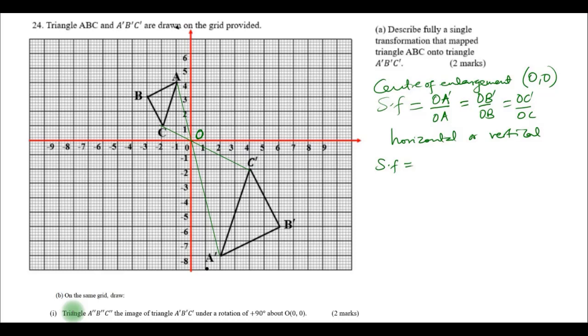We look at the y displacement from O, it is minus 8 over A, that is 4. So this will be minus 2. So the scale factor is minus 2. Negative means it is enlarged in the opposite direction or side, and the center of enlargement is 0, 0. So that is the transformation mapping ABC to A prime B prime C prime.